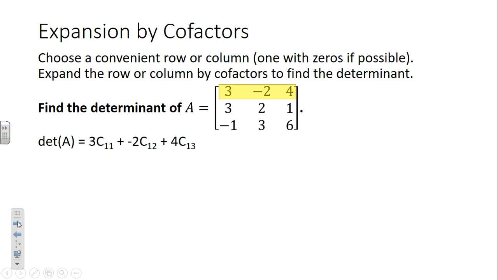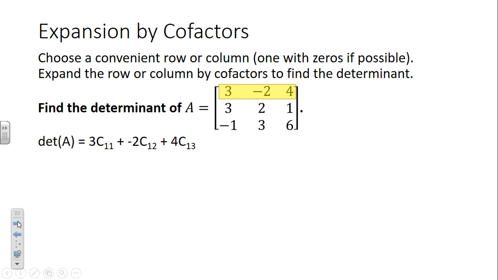All right, so the determinant of A, if I'm expanding by row 1, is 3 times the cofactor of row 1, column 1, plus a negative 2 times the cofactor of row 1, column 2, plus 4 times the cofactor of row 1, column 3. Where are the 3, negative 2, and 4 coming from? Those are the elements of those particular places, right?